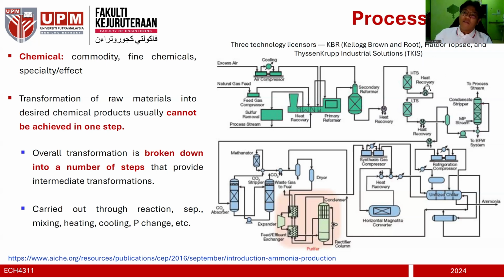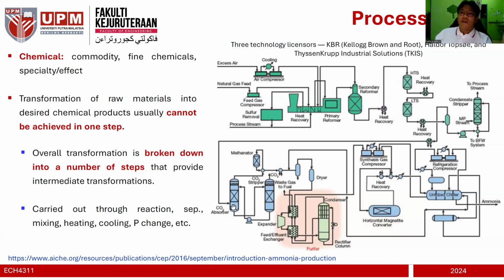And then you have a heat recovery here to extract heat and use it somewhere else, and then the temperature becomes lower and it becomes LTS, the low temperature shift. It's still the same thing, but at a different temperature, with heat recovery and heat exchange to produce steam, and so on.